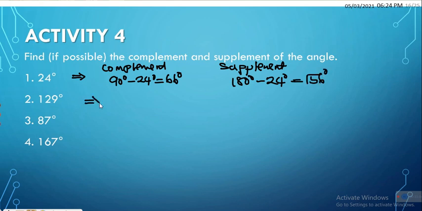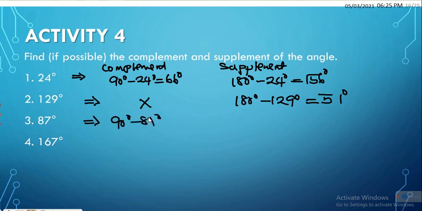Okay, for this one there is no complement because the angle is more than 90 degrees, but we have the supplement, which is 180 minus 29 degrees, which is 51 degrees. And for this one we can calculate the complement as 90 minus 87 degrees, which is 3 degrees, and the supplement is 180 minus 87 degrees, which is 93 degrees.